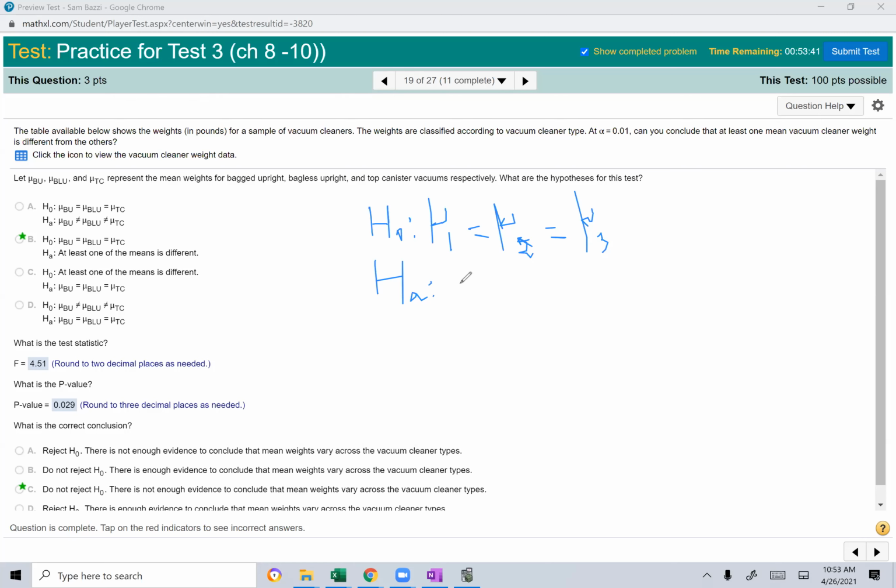At least one of the means is different from the others. Now let's select one. You go here, guys, you notice that you don't see 1, 2, 3, but he used the abbreviation of just the headings. So mu1 equals mu2 equals mu3. At least one of the means is different. It's right there. Now, how do you do this on the calculator?